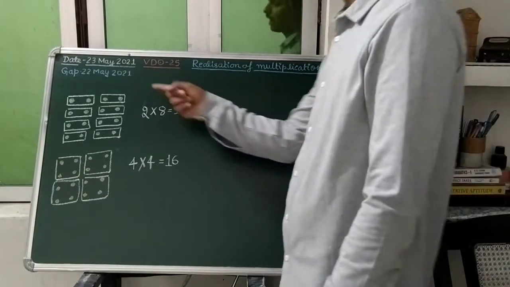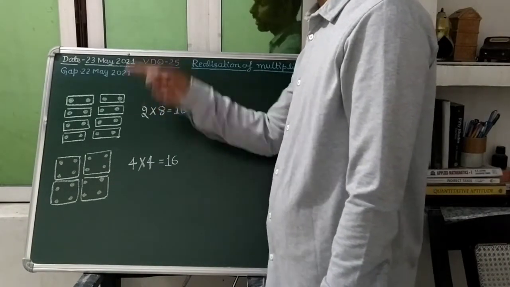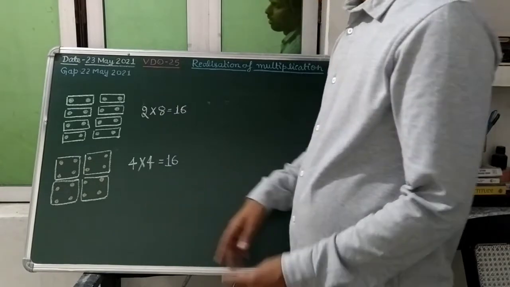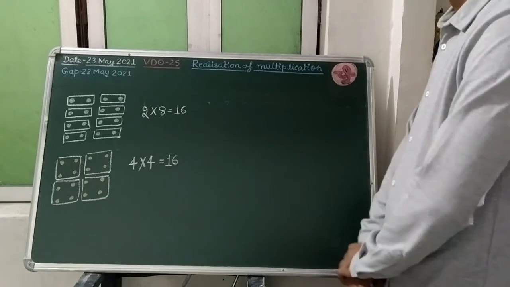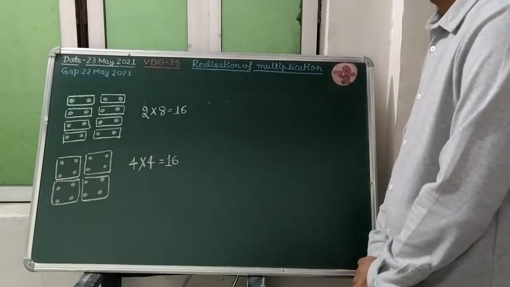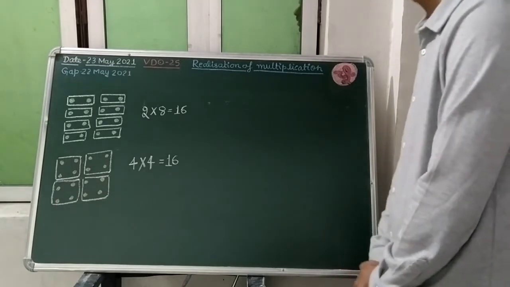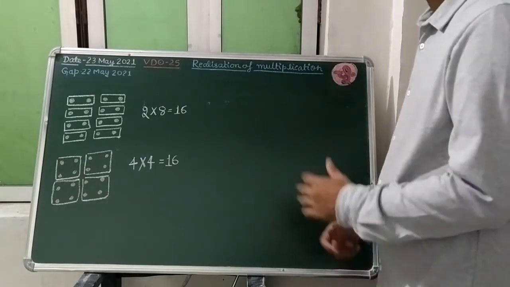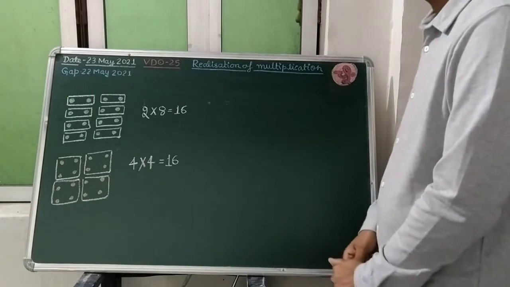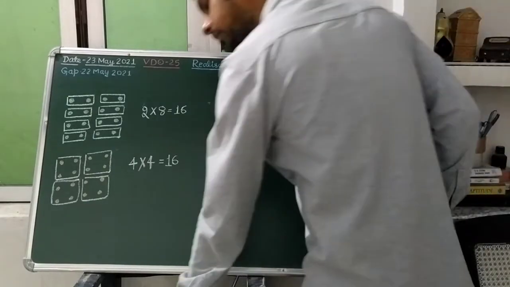So 2 dots we have grouped. Next we are grouping 4 dots. Why are we not thinking about 3 dots, students? Look, students, if you think about grouping the 3 dots, some dots will be left, isn't it?